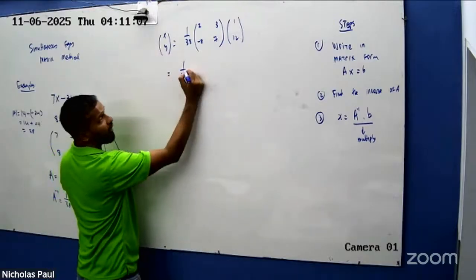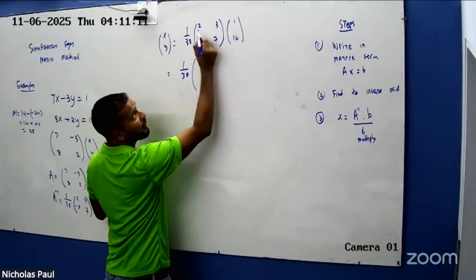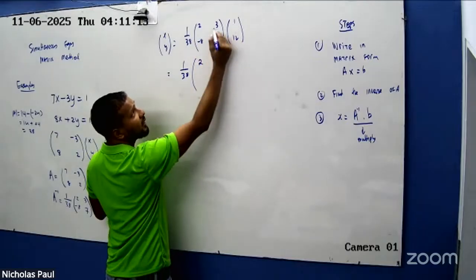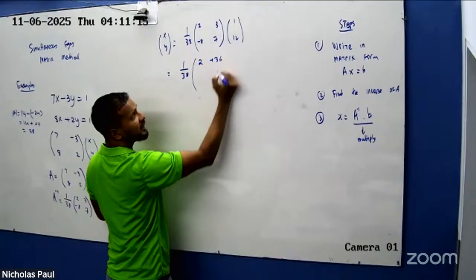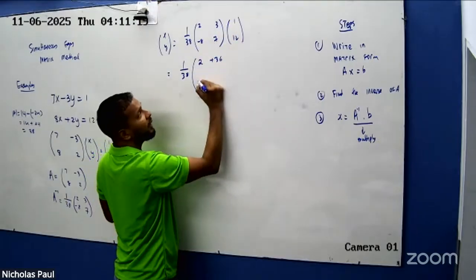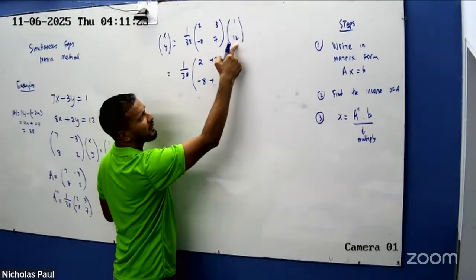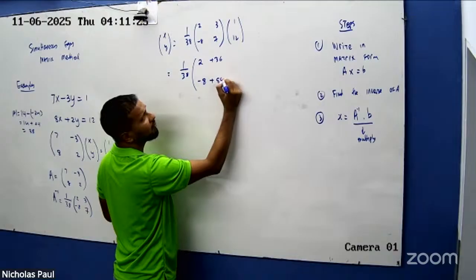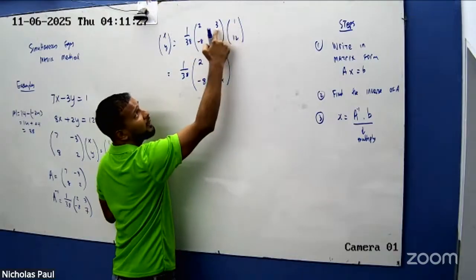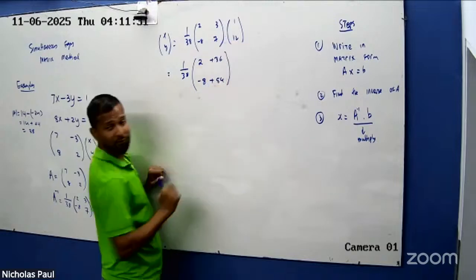Here is 1 on 38, by row by column. 2 by 1 is 2, 3 by 12 is 36. All right? Minus 8 by 1, 7 by 12. That's what? 84? 84. 2 by 1, 3 by 12. Minus 8 by 1, 7 by 12.